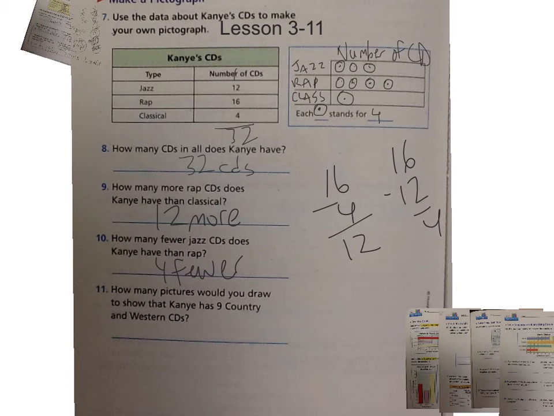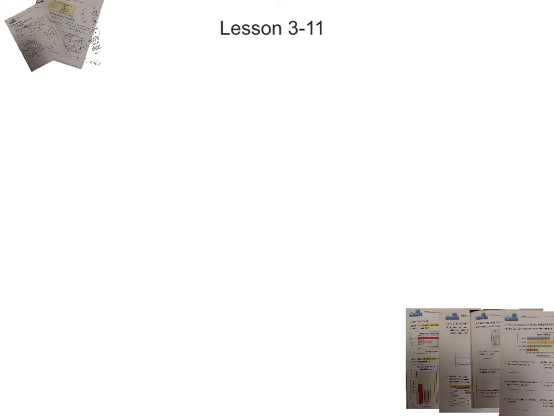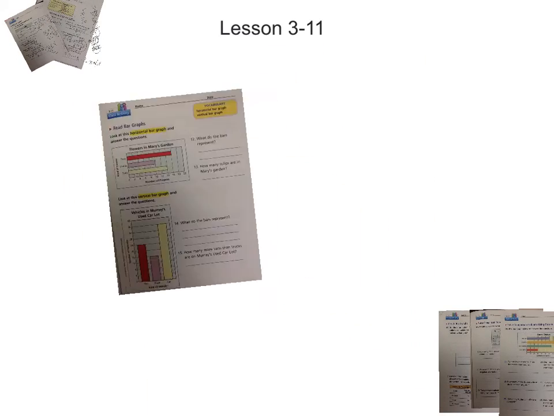Well, if you want to show that he has 9, you would need 2. That'd be 8. And then you'd almost want to do a quarter of a circle to make 9. So we'll say 2 1/4. How's that? Alright, taking too much time on these pages, so I have to really start flying.